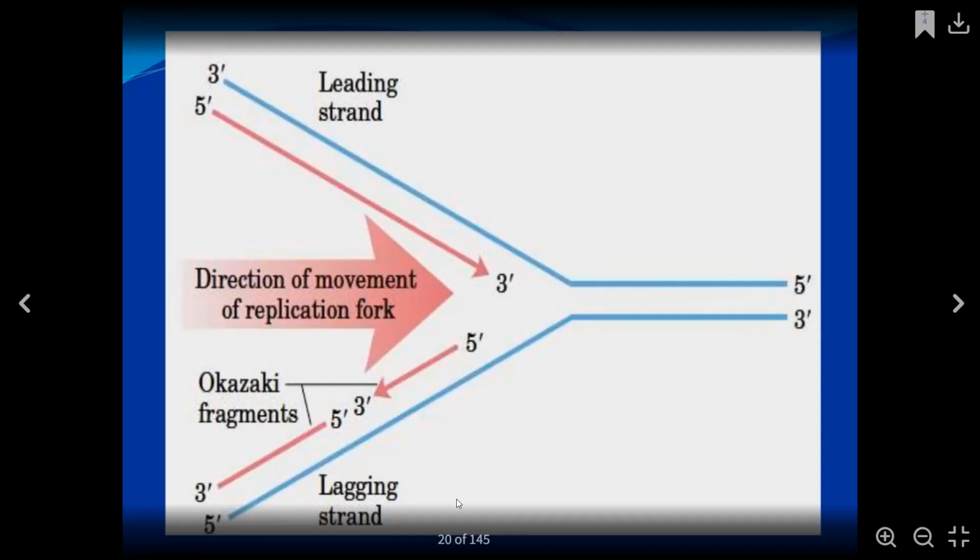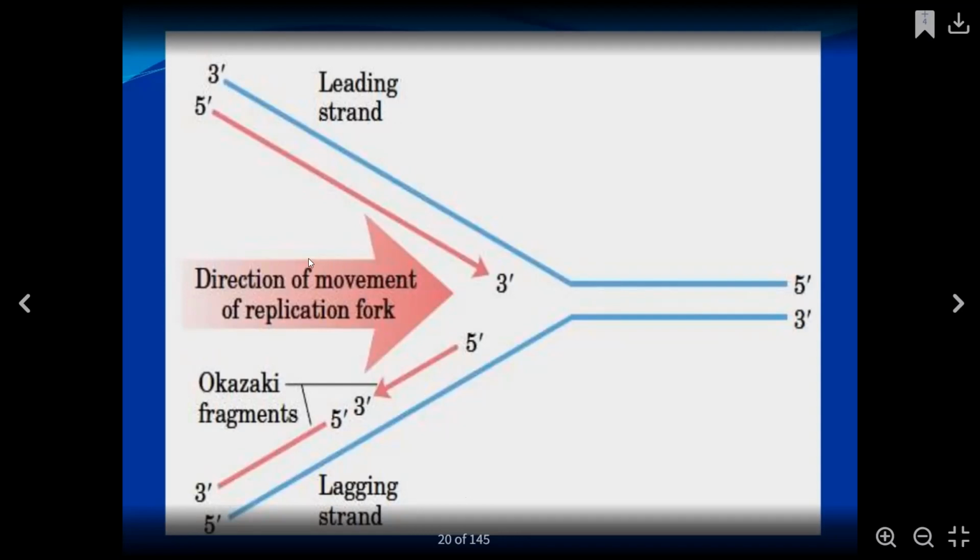Whereas the lagging strand is generally the strand where you have the breakup of the daughter strand formation. That's why it is called lagging. There is a kind of deficiency in this particular strand, because it doesn't form a proper daughter strand, a new strand, without any obstacles. So that's why it is the lagging strand.